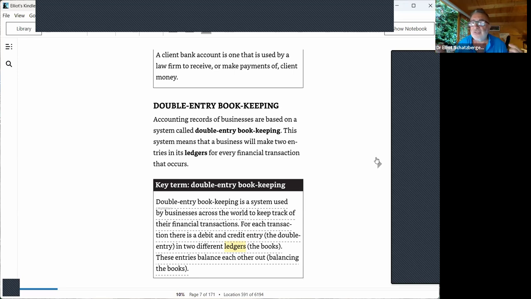So how does it work? Well, essentially, when we're talking about clients, each client has their own ledger.